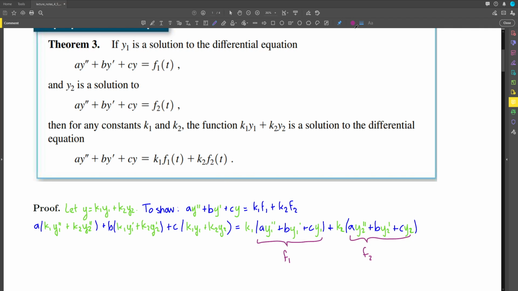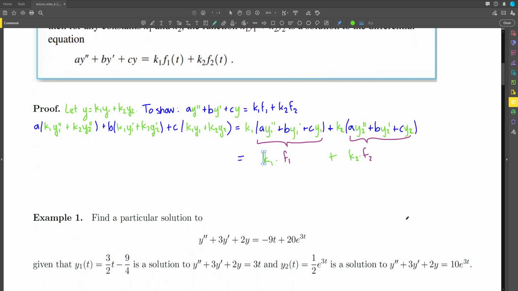And so this expression is now equal to k1 times f1 plus k2 times f2. And that is what we had to show. We had to show that a y double prime plus b y prime plus c y equals k1 times f1 plus k2 times f2.